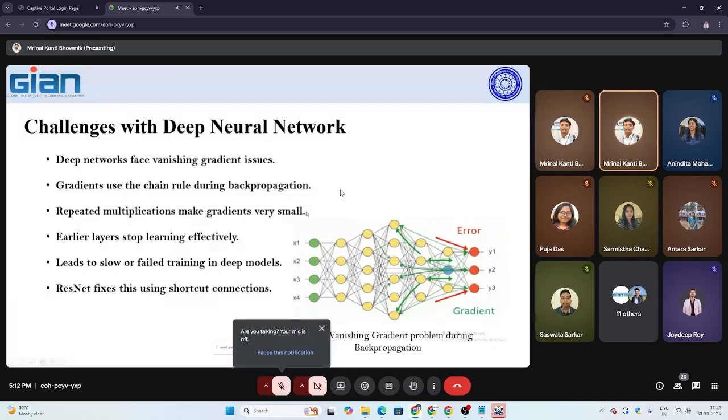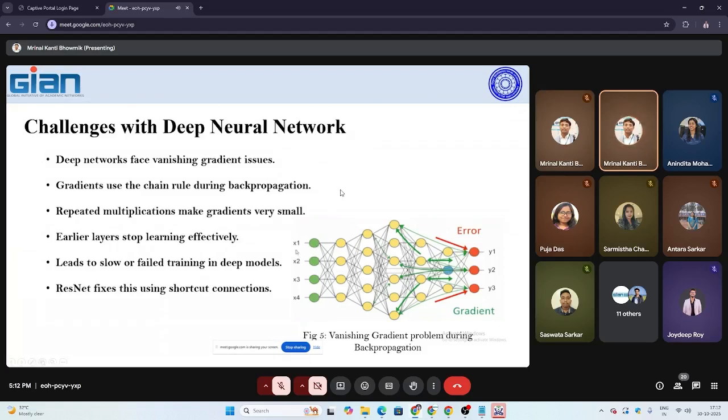While an input image is trained in an artificial neural network or deep neural network, backpropagation happens, but deep networks face vanishing gradient issues while using the chain rule during backpropagation.